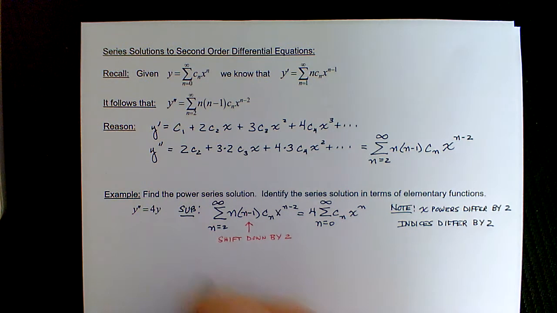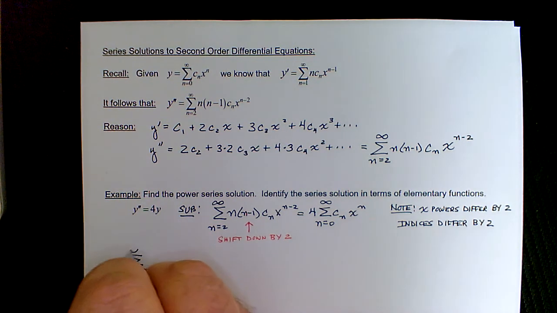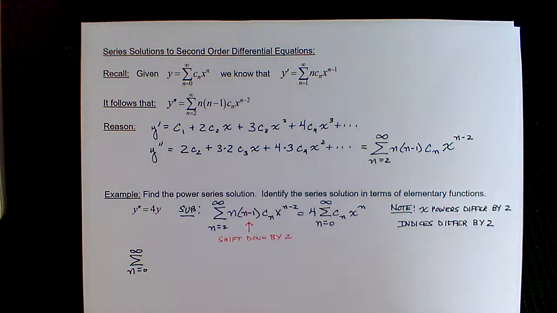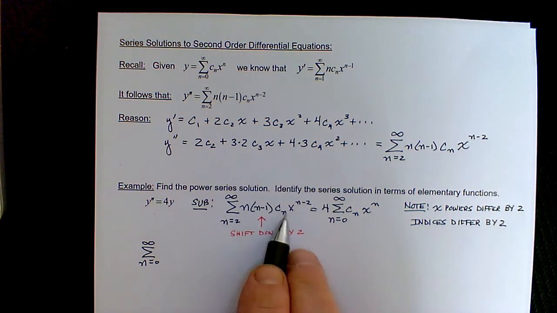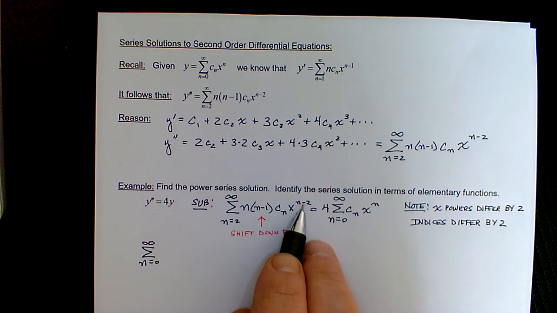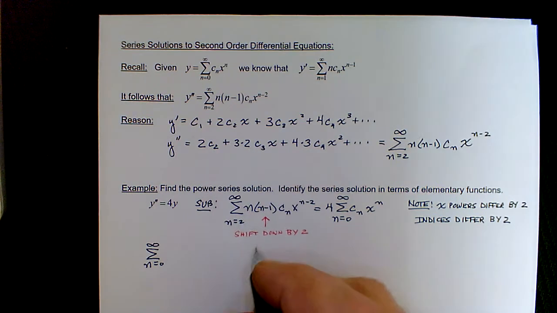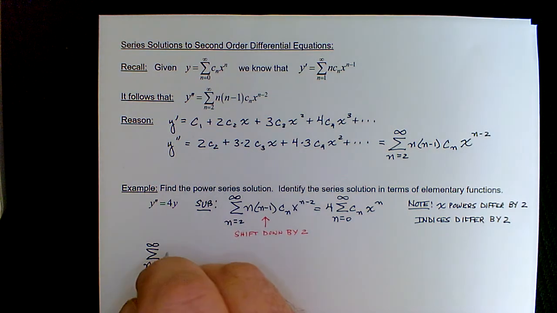So we get the sum as n goes from 0 to infinity. Okay, if we shift down by 2, that means that each of the values of n in the defining equation for the nth term, those values of n will increase by 2. So this n becomes n plus 2.